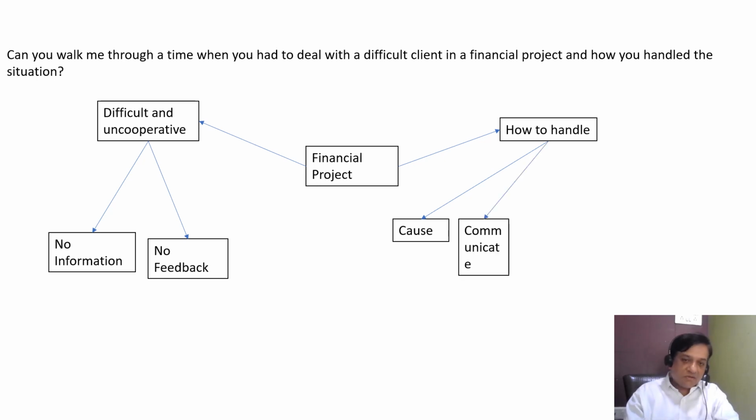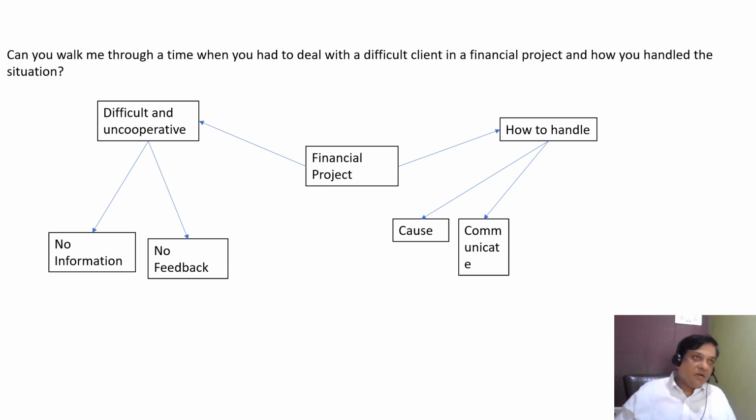Once you find this cause, then you communicate effectively. Once you know that, okay, he lacks trust in me, so you have to build the trust in him by creating such documents that are effective to him, that make him understand and realize that you are providing proper information in a very nice manner.